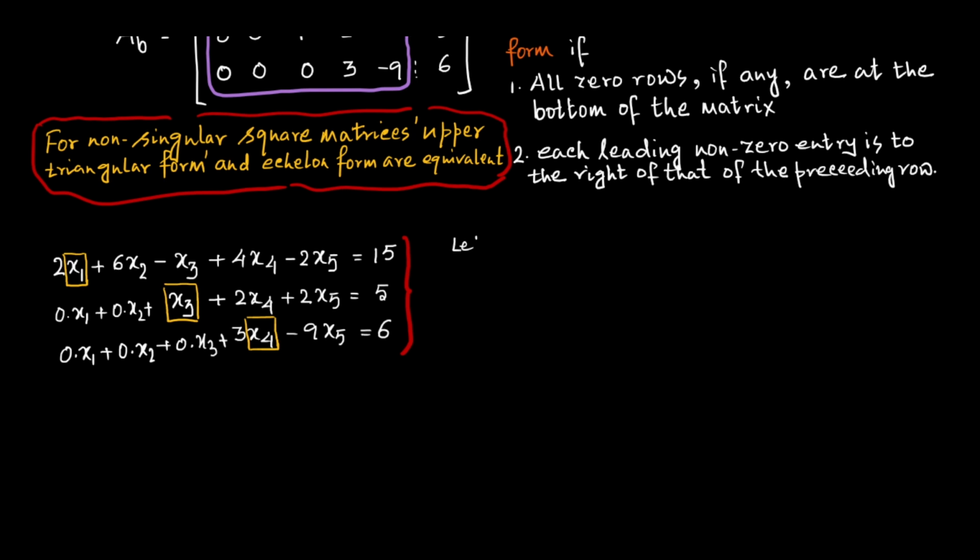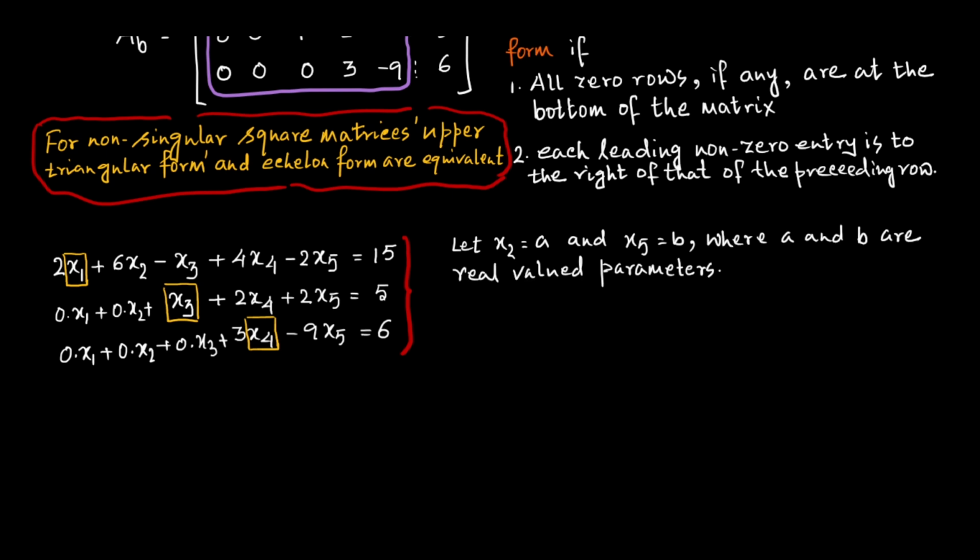So let x2 equal a and x5 equal b, where a and b are real valued parameters. Then, if I plug the values of a and b into the third equation, x2 has a zero coefficient, so I don't have to bother about that.